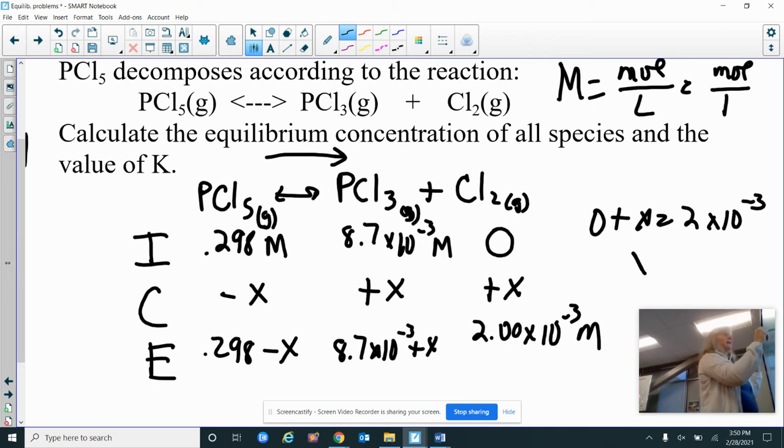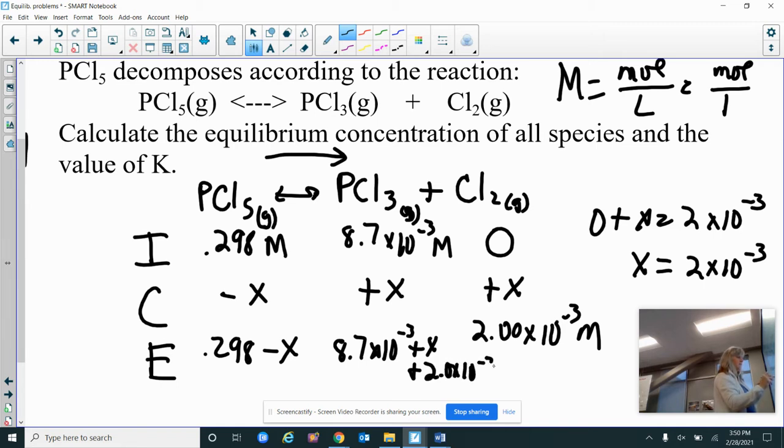So that means that X equals 2 times 10 to the minus third. And we can go back in now and plug in that X here. So this will be plus 2 times 10 to the minus third. And this will be minus 2 times 10 to the minus third.